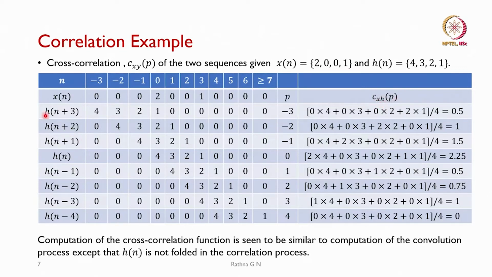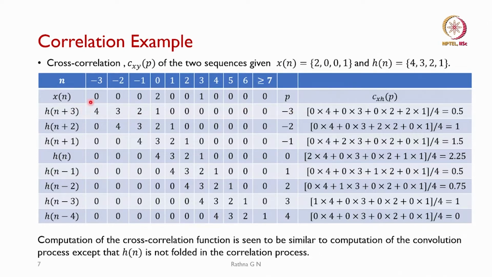So, first one is h of n plus 3, because p is equal to minus 3, it is going to be n plus 3. So, it will be 4 3 2 1, and the rest of them zeros.